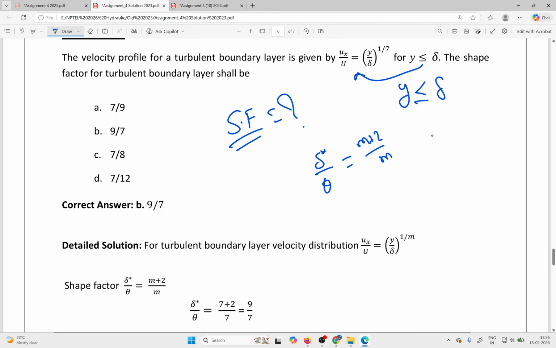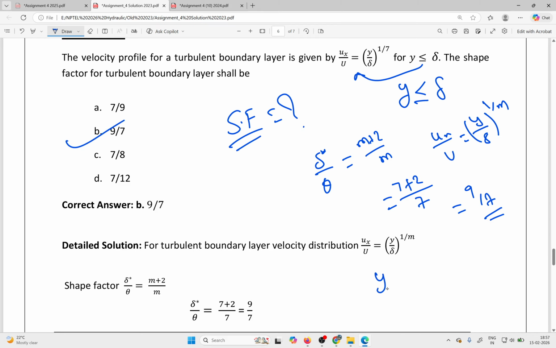What is m? u by capital U is equal to y by delta to the power 1 by m. So m here is 7. So 7 plus 2 divided by 7, you will get 9 by 7. So option B is correct.